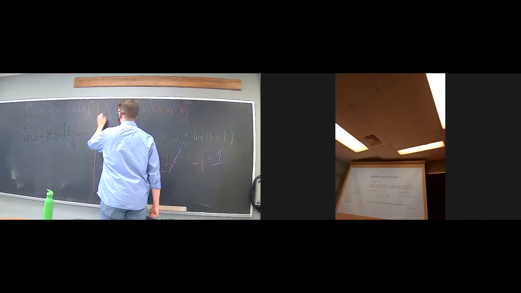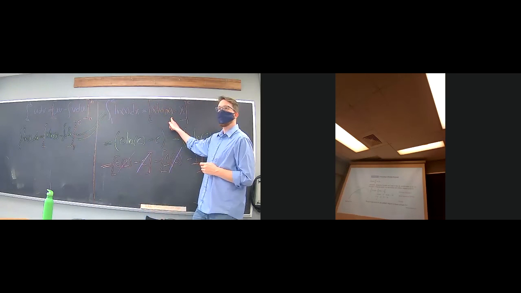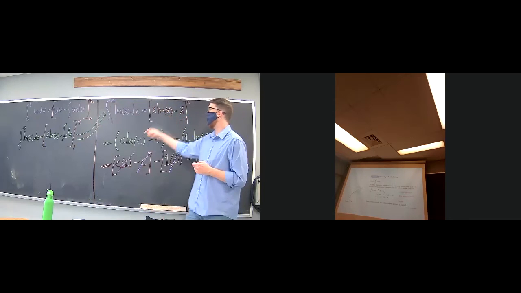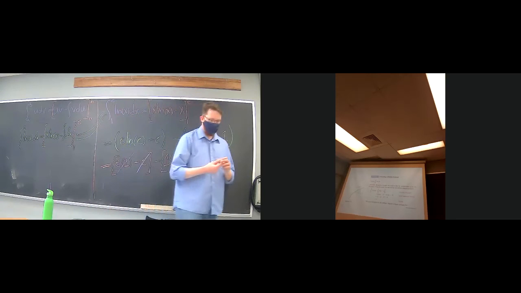Right? And then I did that. So just to kind of show what actually happened before we got to this point, we actually did that integration, right? So yeah, integration by parts. That's it.